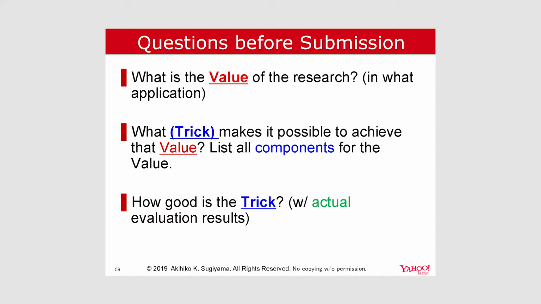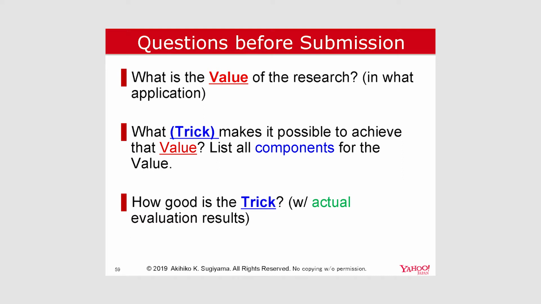Second question: what trick makes it possible to achieve that value? Is it clear? List all components for the value, not only one trick. Sometimes you may combine 2 tricks to achieve your value. In that case, don't miss one of them. Put both, all right? And how good is the trick?